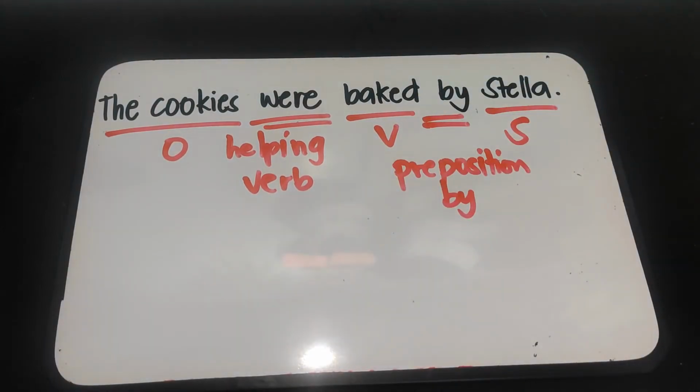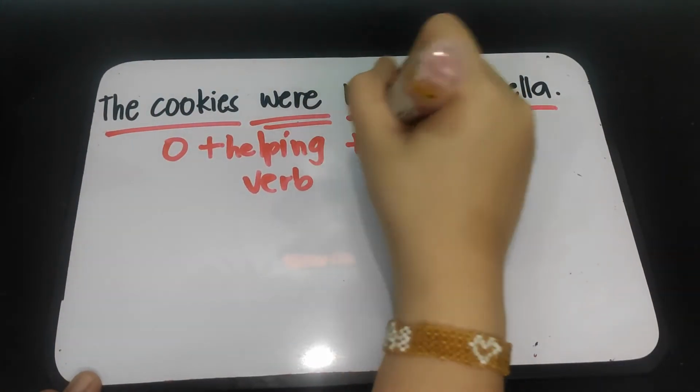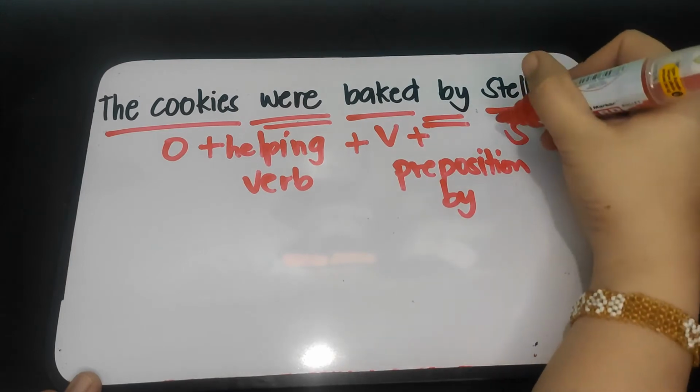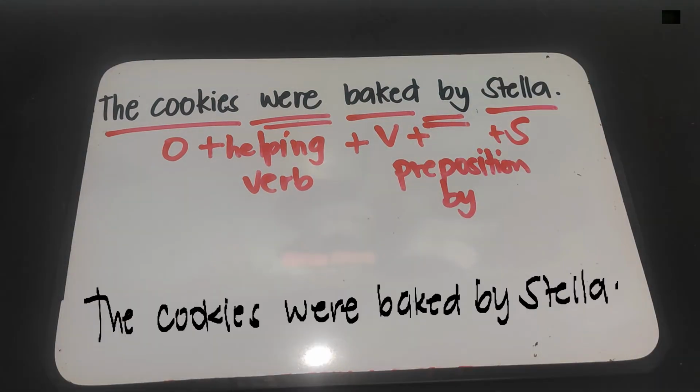And here is the pattern for the passive voice: object plus helping verb plus preposition by plus subject. But this pattern was made for you to easily understand the difference between the active and passive voice, wherein they are just switching their positions.